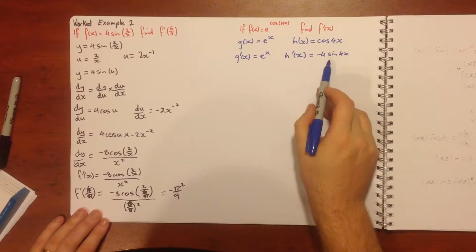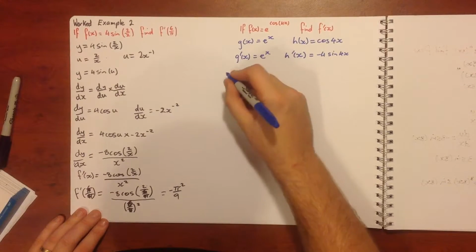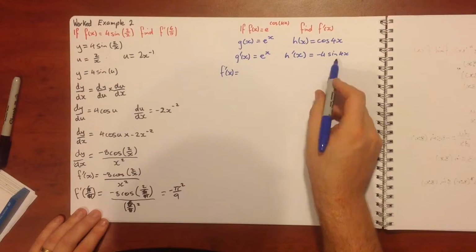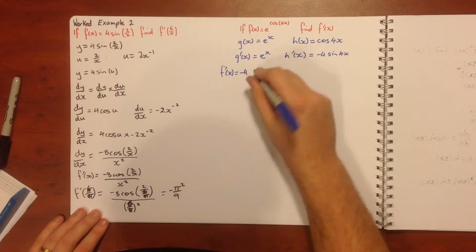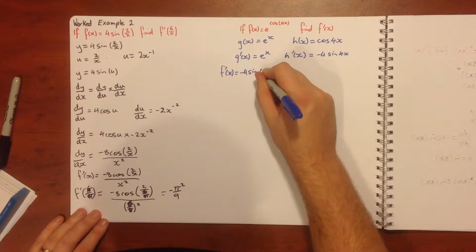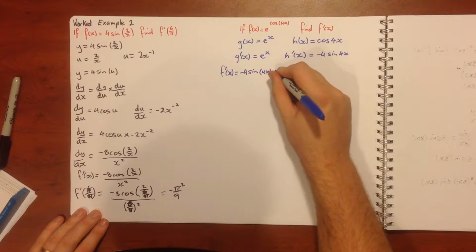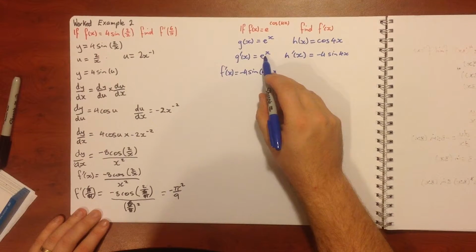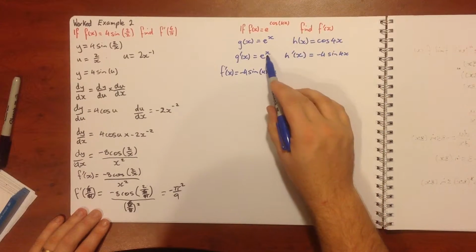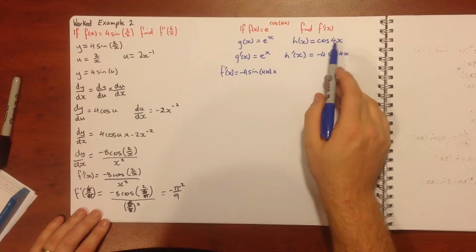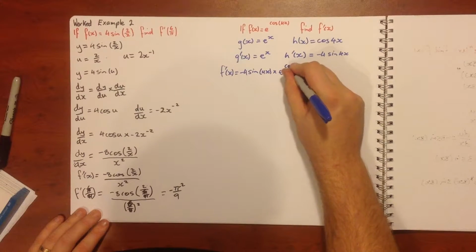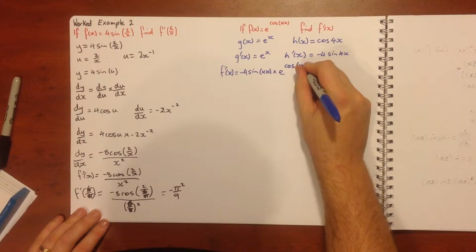Because of h dash, that comes out the front as we start working on our f dash. It's our h dash, which is minus 4 sine of 4x, times our g dash of h of x. So wherever we've got an x, we've got to put in our h of x again. So we go e to the cos of 4x.